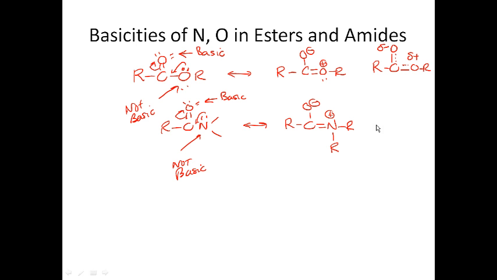If I came down here and wrote the resonance hybrid of this, it would show a delta minus on this oxygen with a partial double bond, and then a partial double bond to the nitrogen with a delta positive charge on that nitrogen.